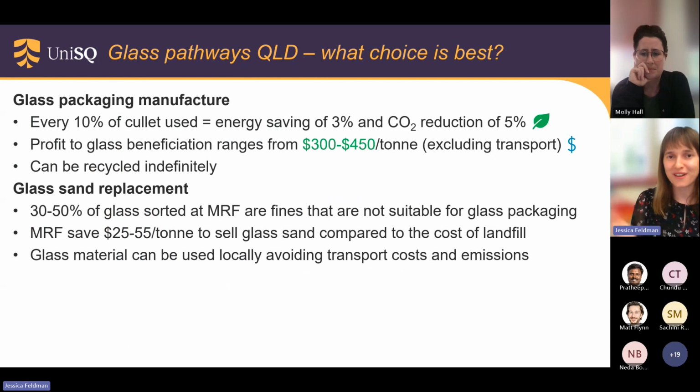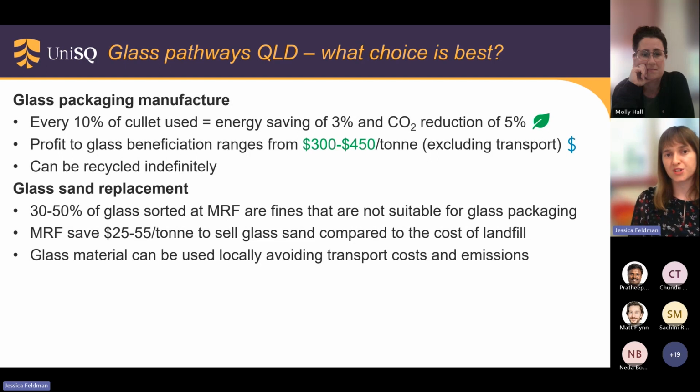So I've given you some factors, some for glass sand, some for glass bottles, but what actually is the choice that is best? I haven't discussed today the environmental impact, but for every 10% of cullet used in glass bottle manufacture, it saves about 3% of energy and a carbon reduction of 5%.